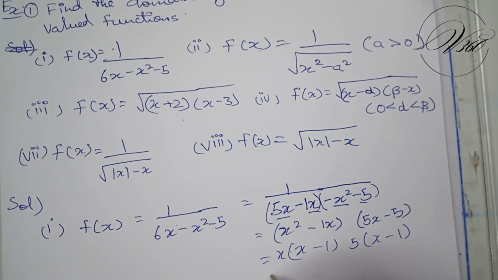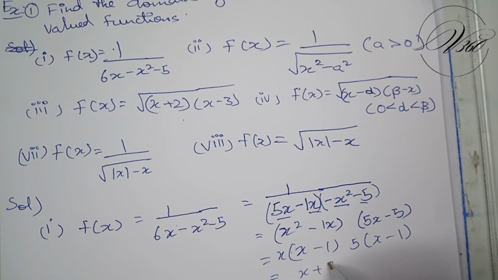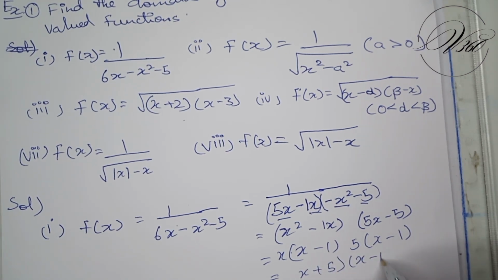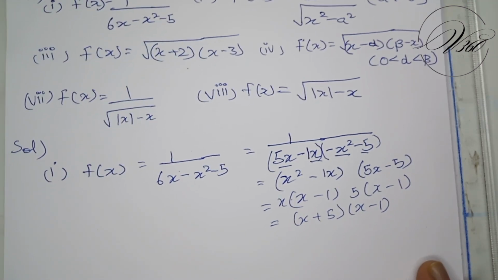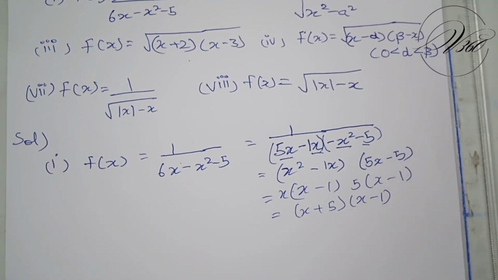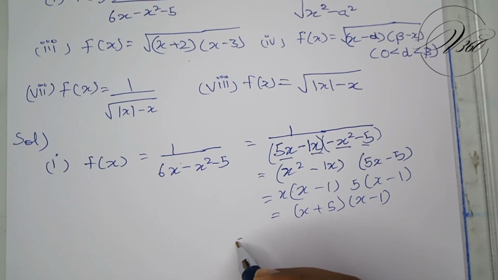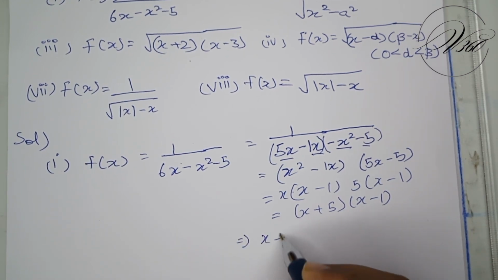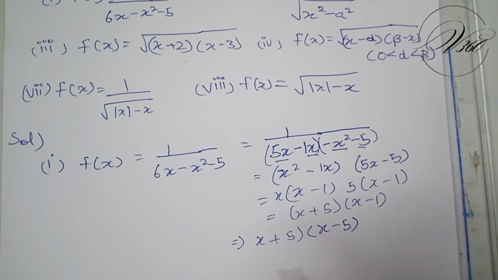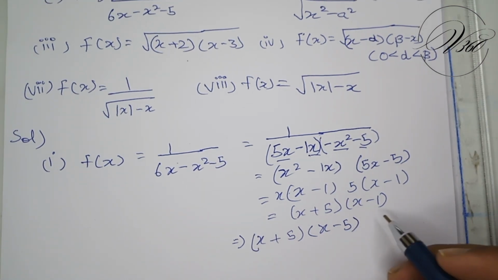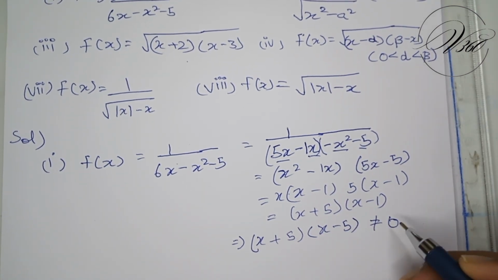Here we can take it as x plus 5 of x minus 1, and then we can write x plus 5 of x minus 1 is not equals to 0.